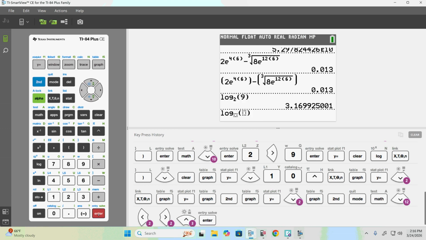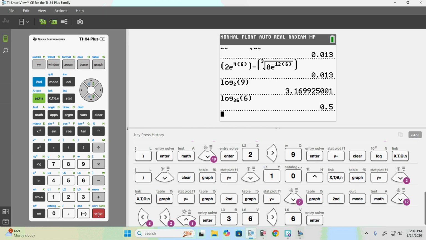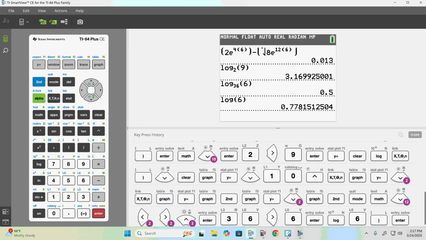And if I hit enter, it will actually say, what is the base? Well, I'm going to tell it is 36. And what's inside the log is 6. Tells me it's 0.5. Now, unfortunately, if I go log of 6, it's going to tell me it's this, because the base for this log is understood to be 10, not 36.